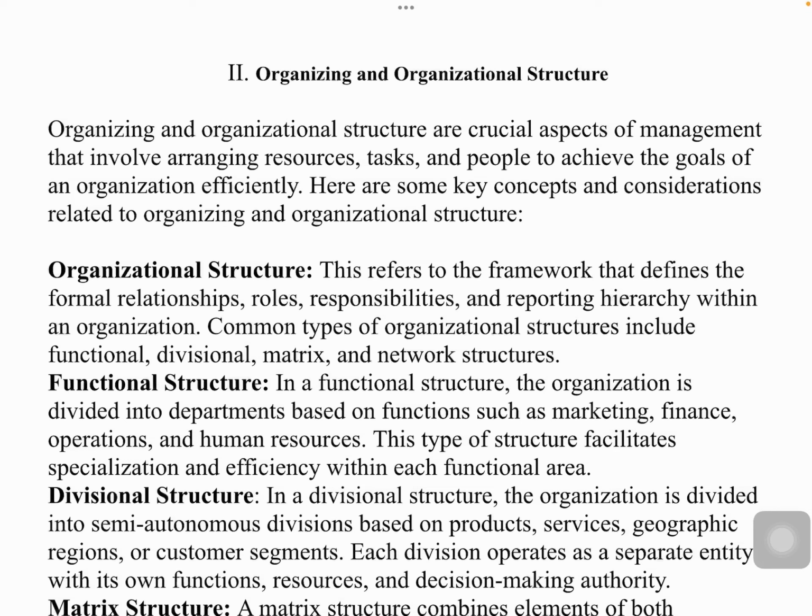So here are some key concepts and considerations related to organization and organizational structure. So organizational structures, this refers to the framework that defines the formal relationships, roles, responsibilities, and reporting hierarchy within an organization. Common types of organizational structures include functional, divisional, matrix, and network structures.